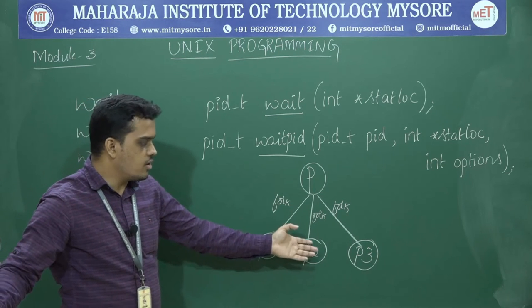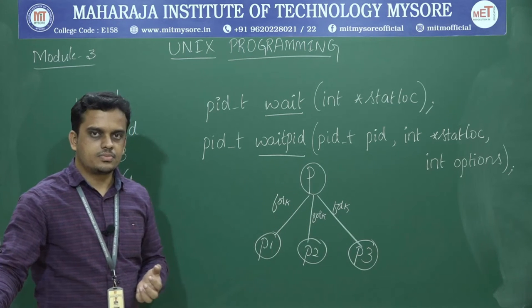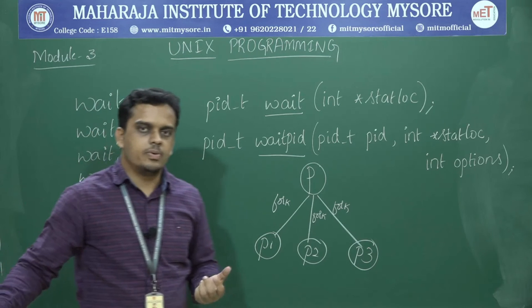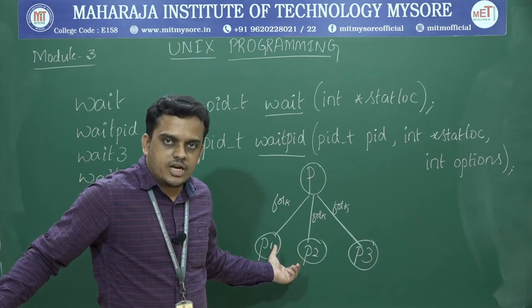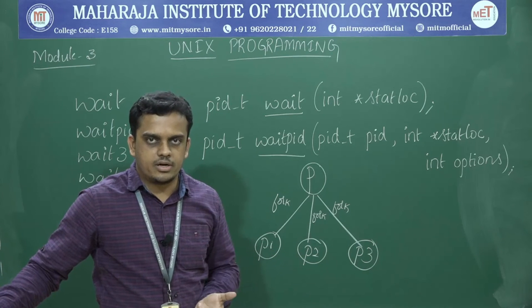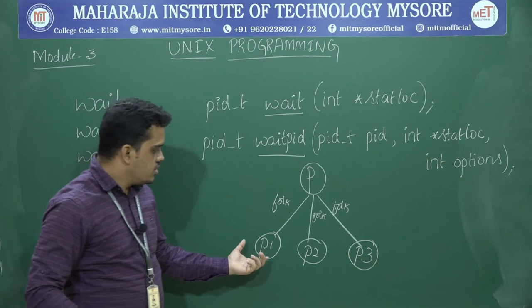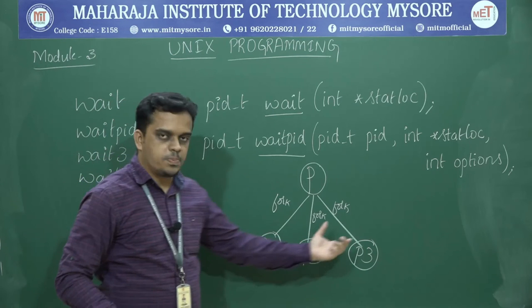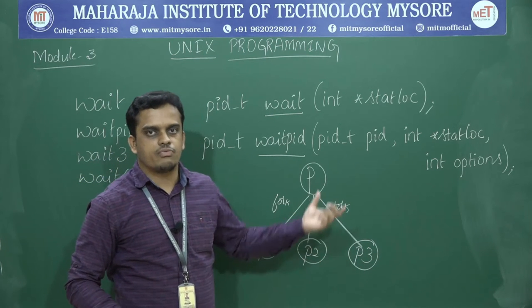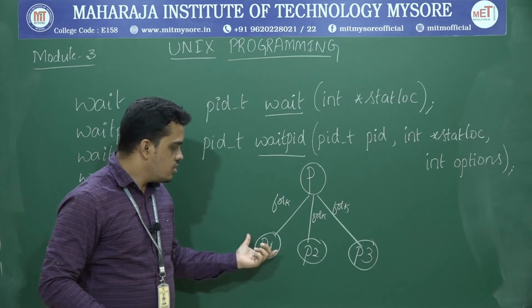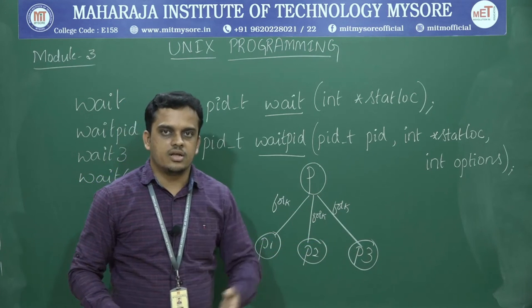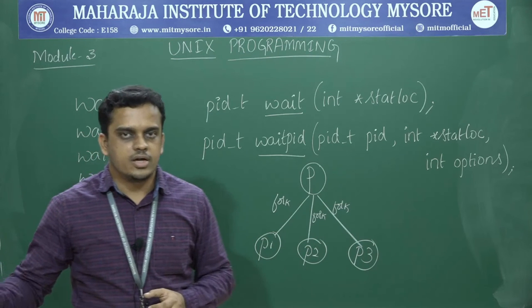The same thing will happen for all three processes. In this particular case, let me consider that the child processes have not been terminated. For example, P1, P2, P3 are the child processes of a parent process called P. All of these, P1, P2, P3, are still in execution and have not been terminated.